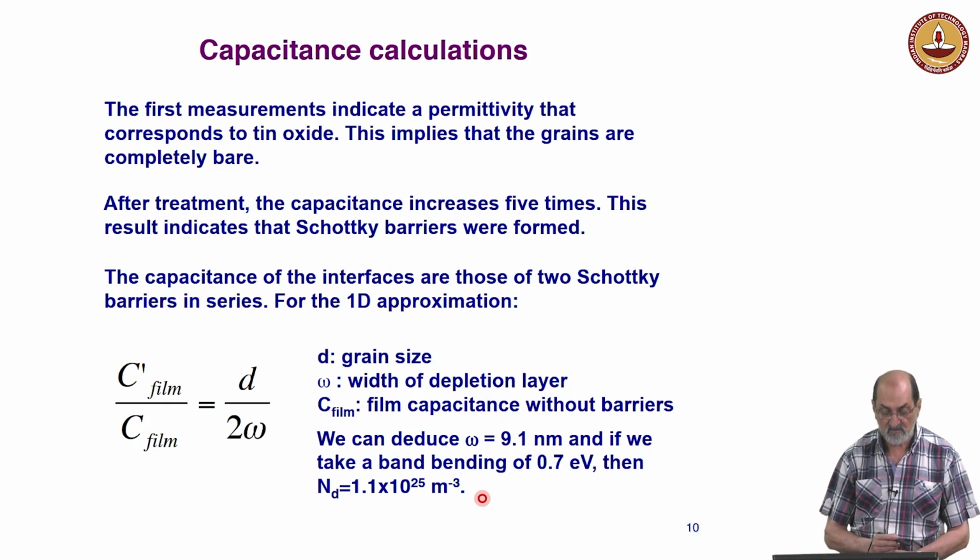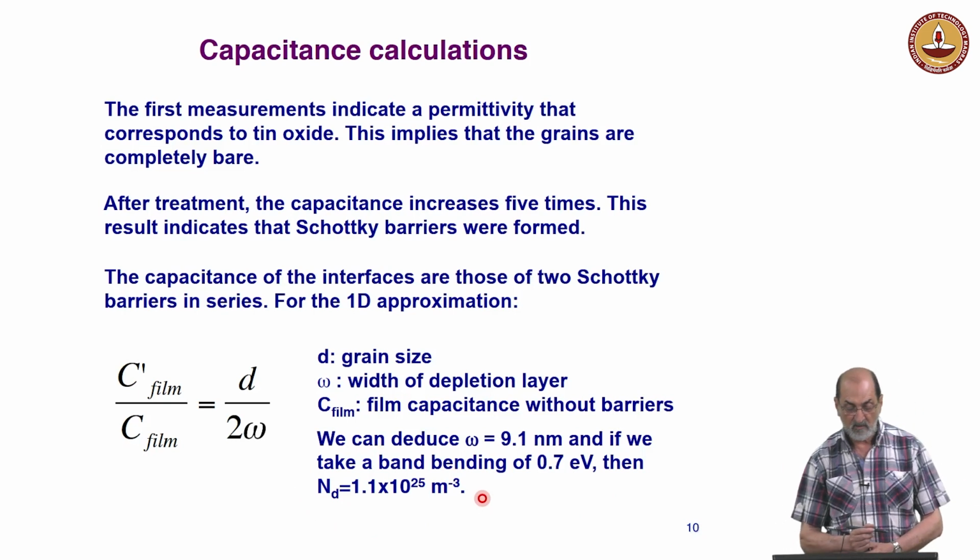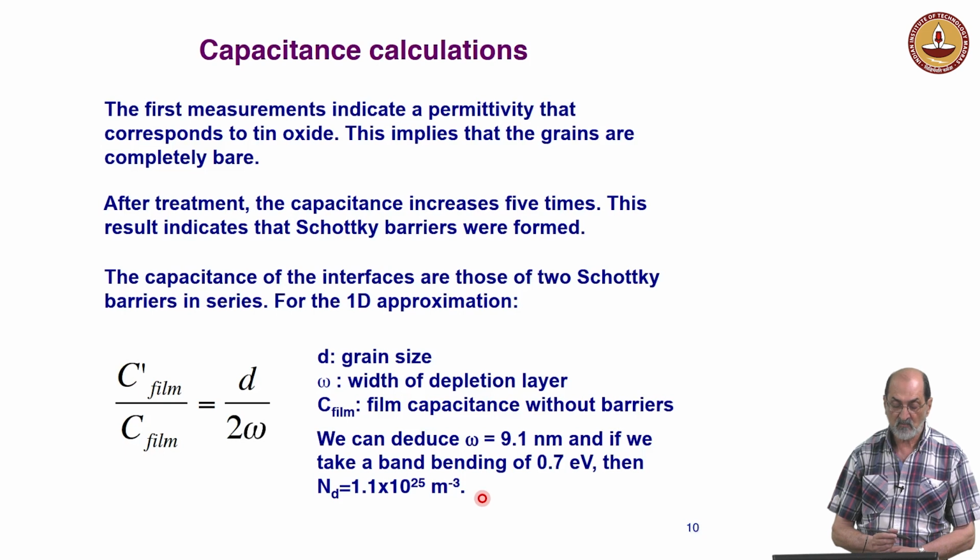When the sample is treated and we have a high density of oxygen vacancies, the doping concentration reaches a value of about 10 to the 25 per cubic meter, which is a reasonable value. People agree with that.